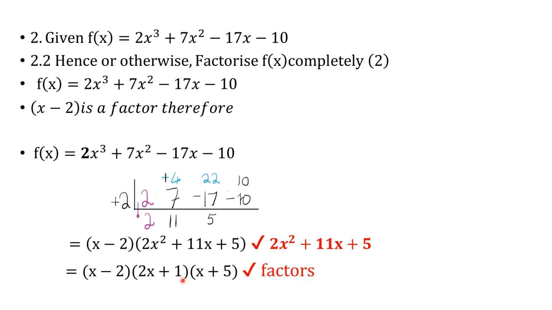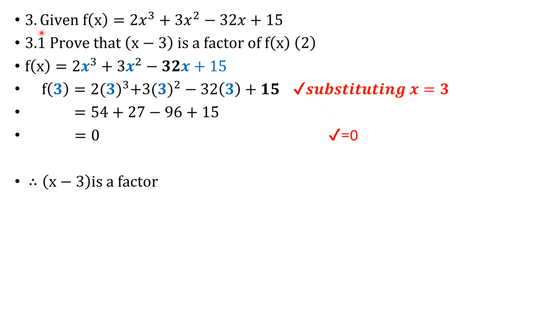But where I put it is very important, because when I multiply the two furthest items, 2x times 5 gives me 10x, and 1 times x gives me 1x. So 10x plus 1x then gives me 11x. So 1 mark for getting the quadratic, and another mark for completely factorizing. Alright, let's look at problem number 3.